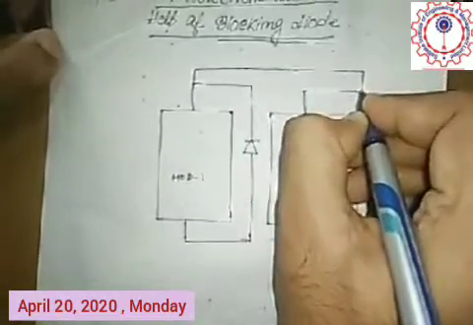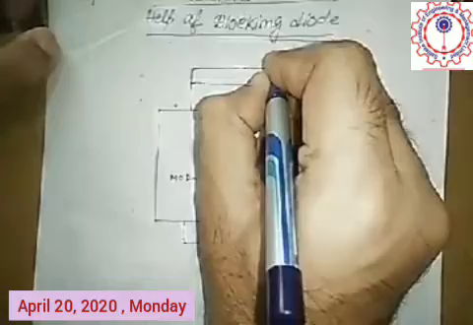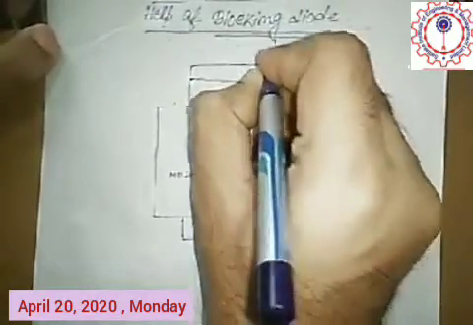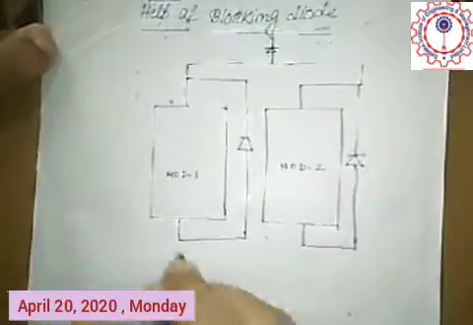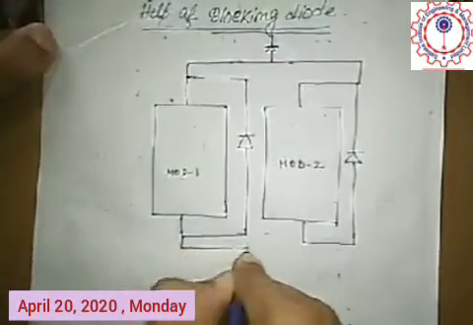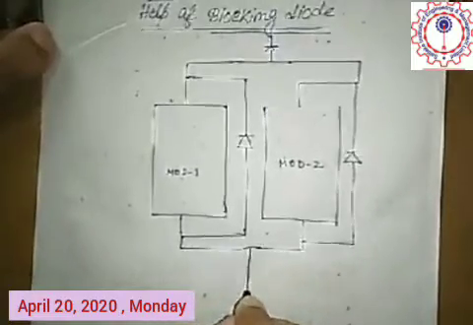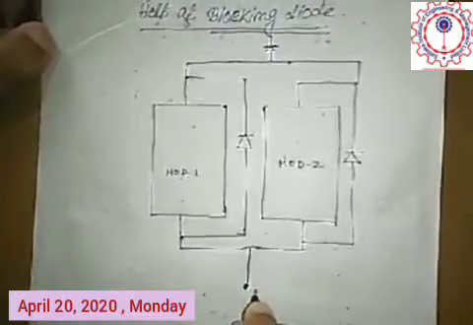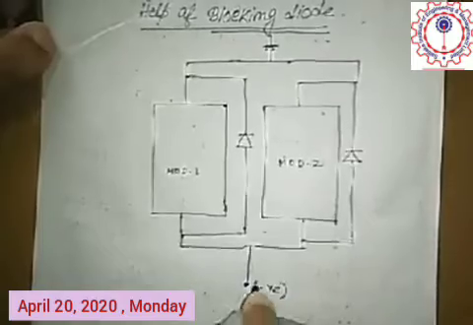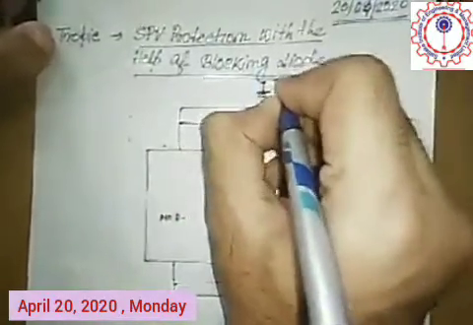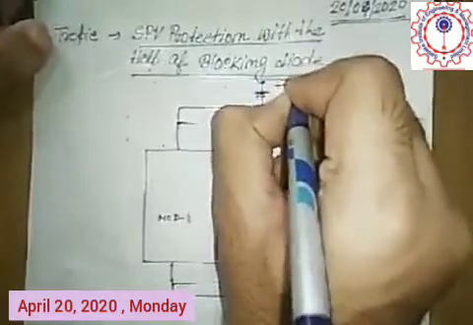Suppose these two modules are connected in parallel. This is the negative terminal and this is the positive terminal.